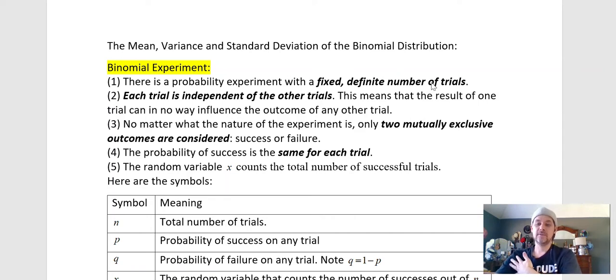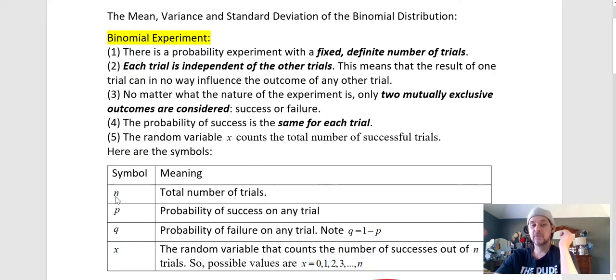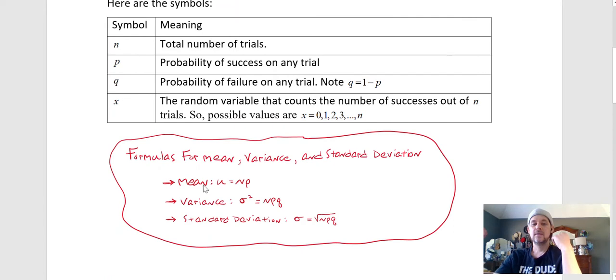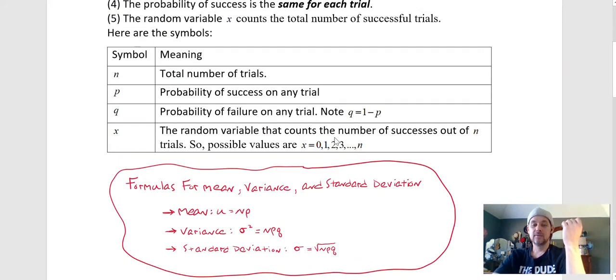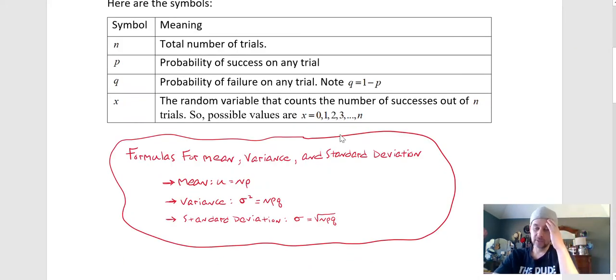If I'm going to flip a coin, I have to tell you I'm going to flip a coin this many times. It has to be definite. So n is the total number of trials that I'm going to undertake, and p is the probability of success on any trial. So the mean of a binomial distribution is n times p.